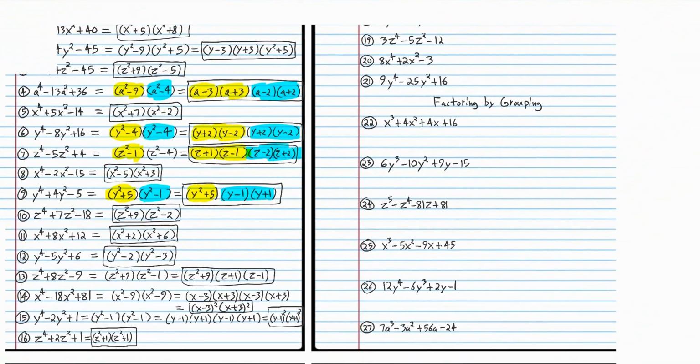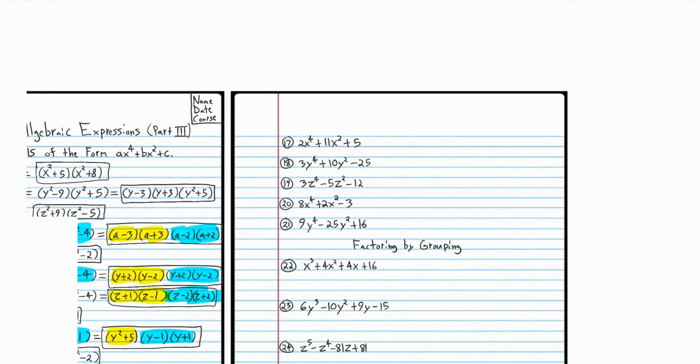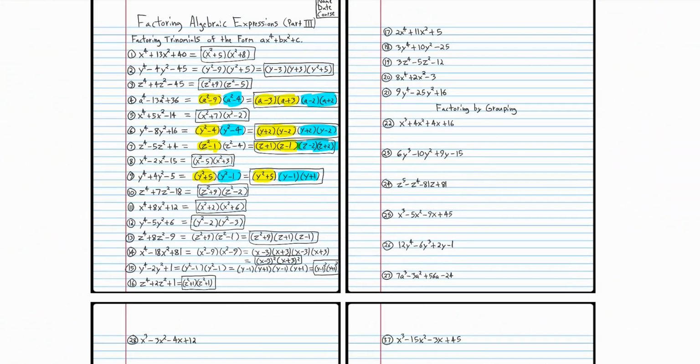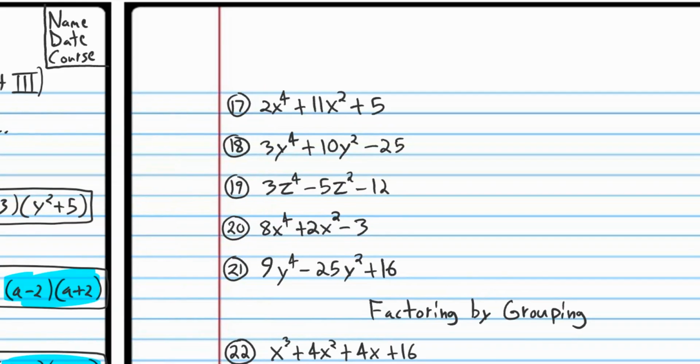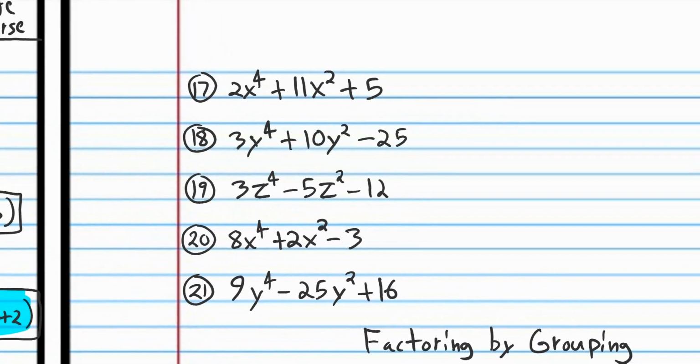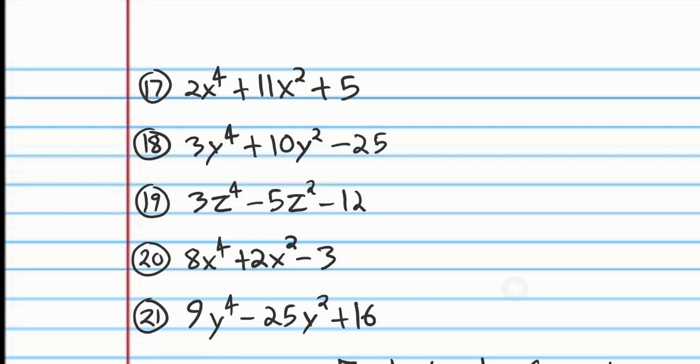All right, so on to number 17. But 17, you see there's something different. These problems where you have a coefficient in front of the first term are always a pain to deal with. Because we can't just figure out what two numbers multiply to 5 and add up to 11. The multiply to 5 part works, but the add up to 11 part doesn't really work because of this coefficient.